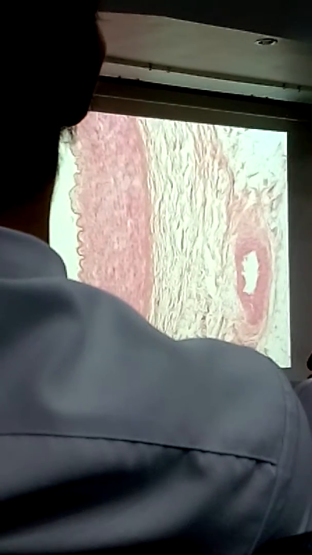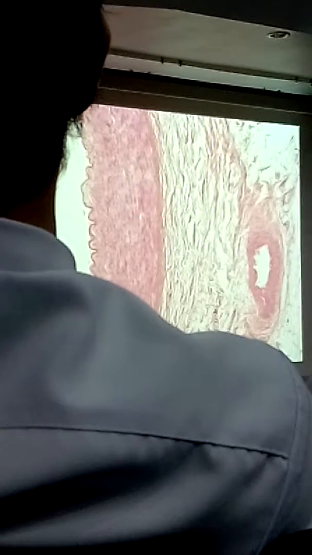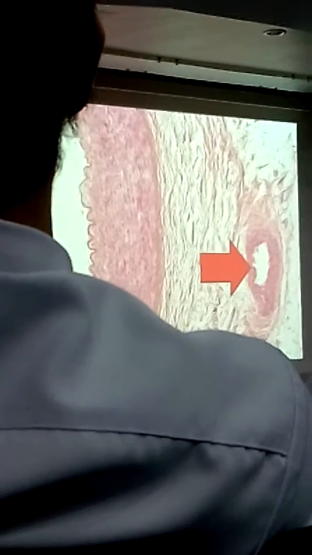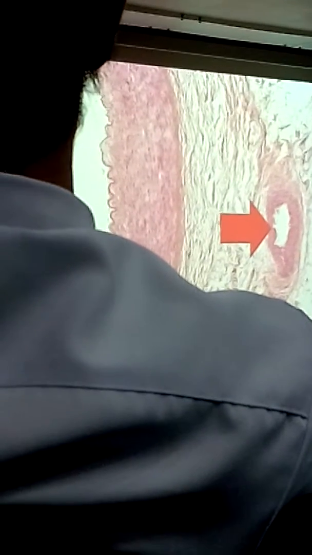As well as the tunica adventitia is thicker in comparison to that of the larger arteries or the elastic artery. What is that structure? What structure is that? Vasa vasorum. It is an arterial supply to the artery. That's vasa vasorum.